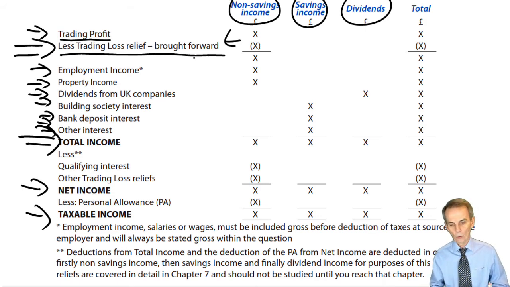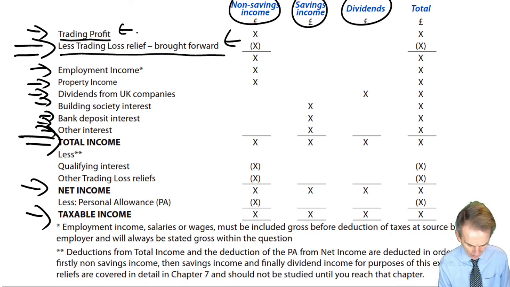And if you carry forward to a future tax year, then there is only one figure of income against which that loss will go. And if you do carry forward, it must go against the next available future trading income of the same trade. It will go directly against that trading profit.